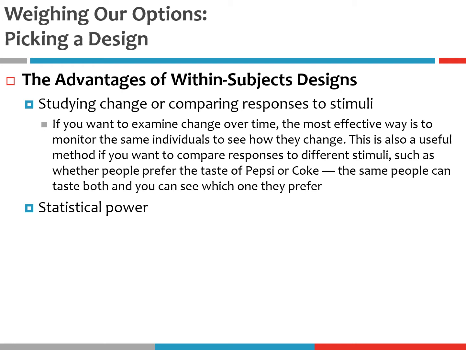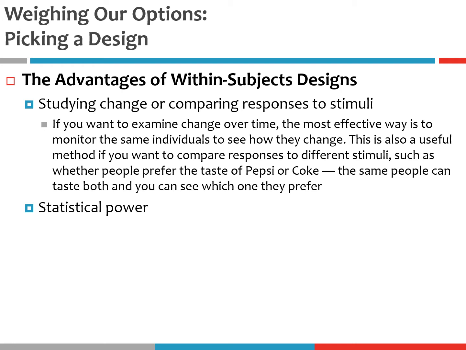Also, another benefit of within subject design is it has higher statistical power. So it's easier to reject the null hypothesis. So it's easier to show what you want to show. Basically, it's easier to support your own hypothesis if you run within subject design rather than the between subject design. The reason being is there's less variability if you're running within subjects because you're utilizing the same people.